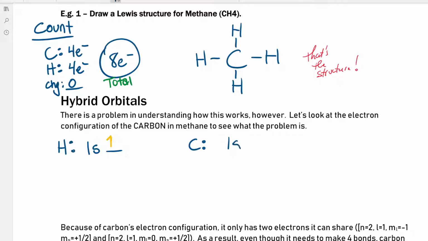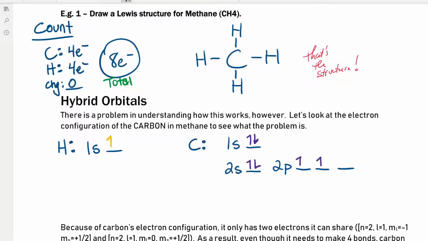Now, carbon has a full 1s, so it's got 2 electrons in 1s, and then it has got 4 electrons in its valence, which means 2s is going to get 2 electrons, and 2p is going to get 2 electrons, and of course they should go in according to Hund's rule, like that and like that. So hopefully that makes sense to you. If that doesn't make sense to you, you've got to go back and relook at our lessons on electron configurations. But all we've done there is just put the electrons where they go.